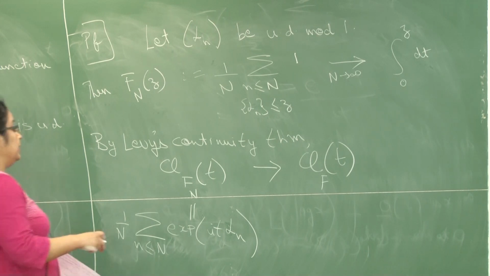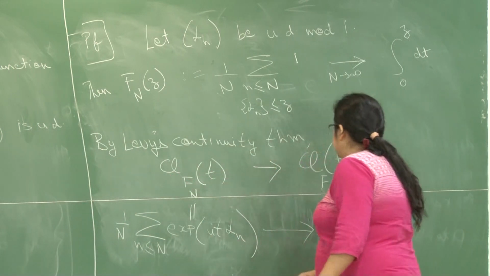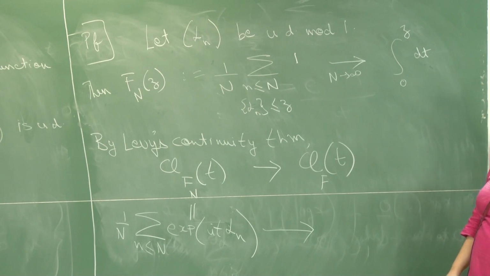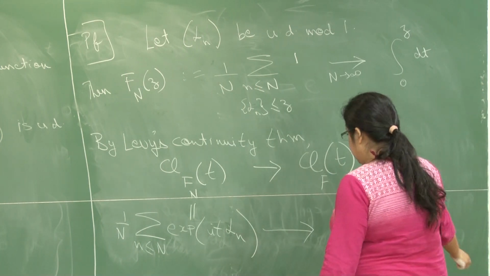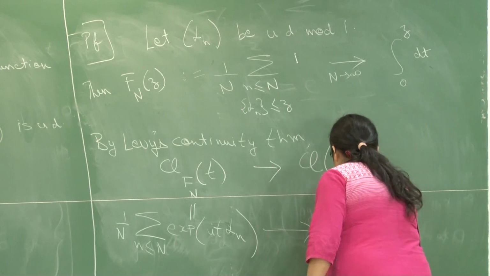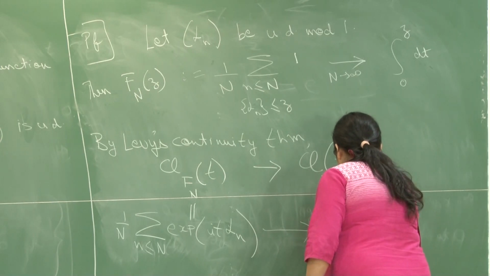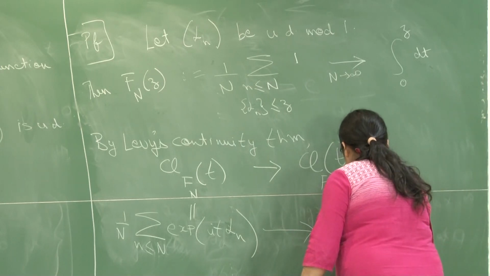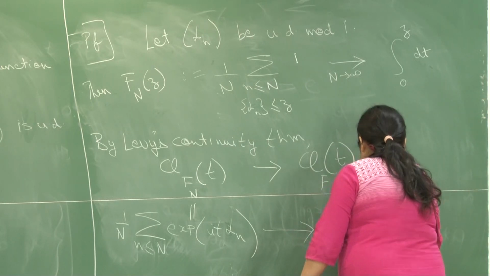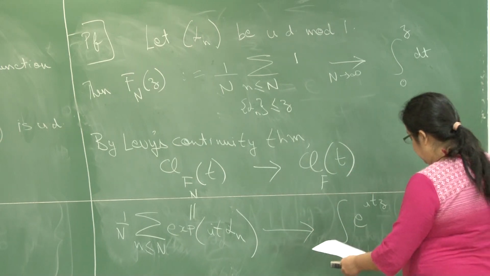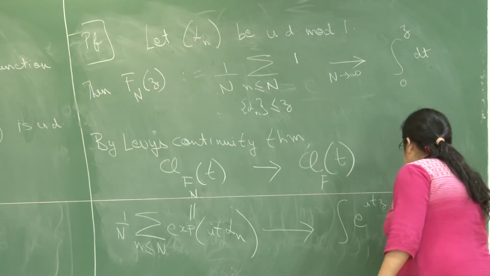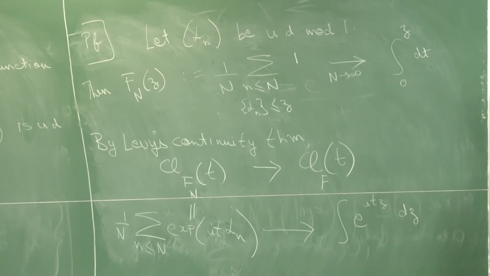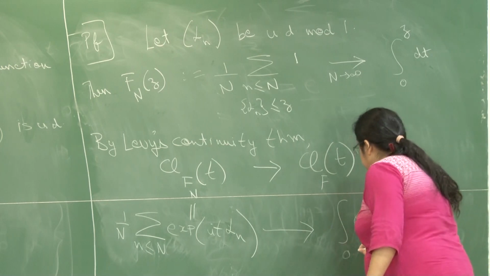This converges to the characteristic function of the uniform distribution, which is the integral of e to the i t z dz, z going from 0 to 1.